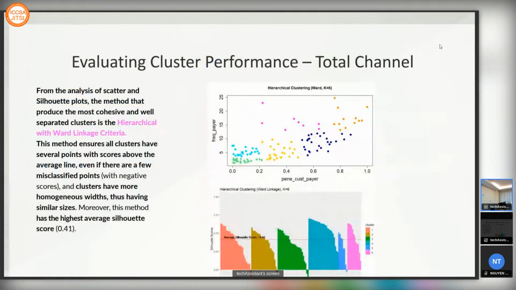So for the total channel, we have chosen the hierarchical method with Ward linkage criteria because, as you can see, these clusters are cohesive and well separated.